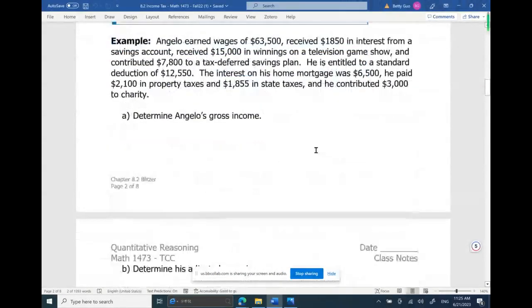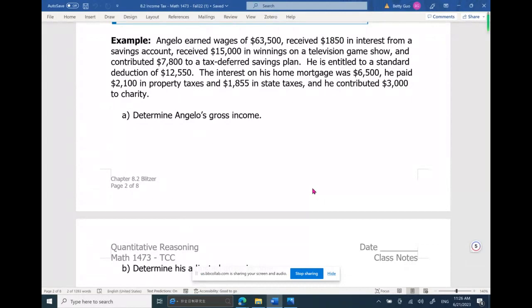And let's look at this example. We take time to look at examples. Angelo earned wages of $63,500, received $1,850 in interest from a savings account, received $15,000 in winnings on a television game show, and contributed $7,800 to a tax-deferred savings plan.